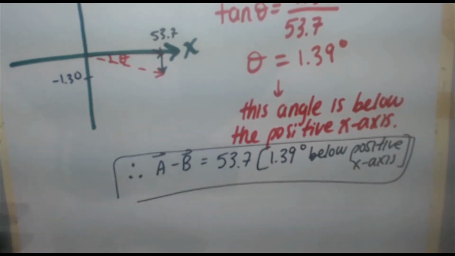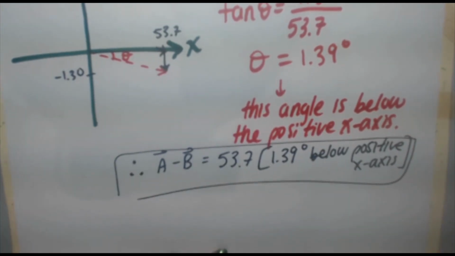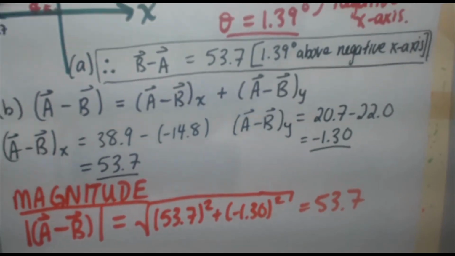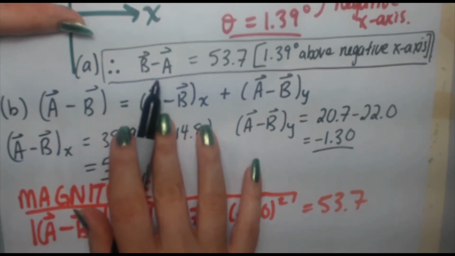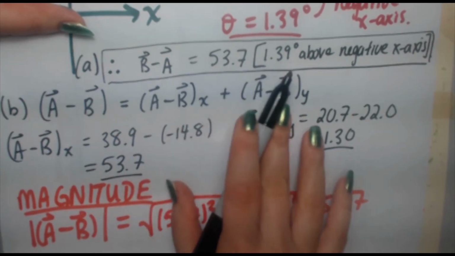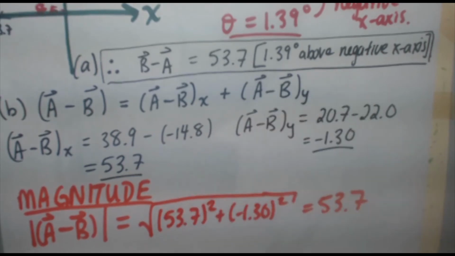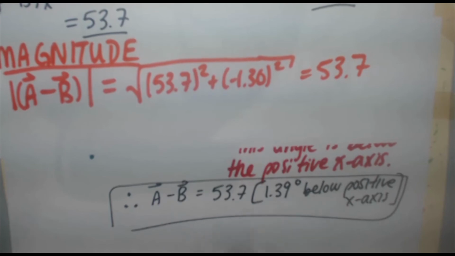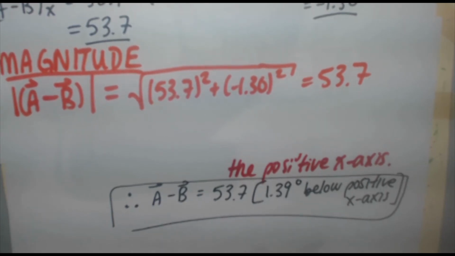Okay, now to compare that to what we had earlier. For part A, b minus a was 53.7, 1.39 degrees above the negative x-axis, and now we have 53.7, same magnitude, 1.39 degrees below the positive x-axis.